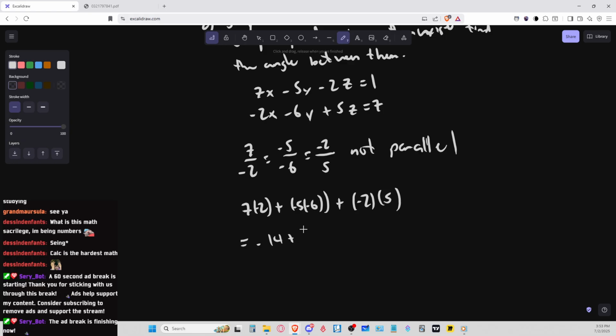14 plus 30, then negative 10. So they're definitely not perpendicular.